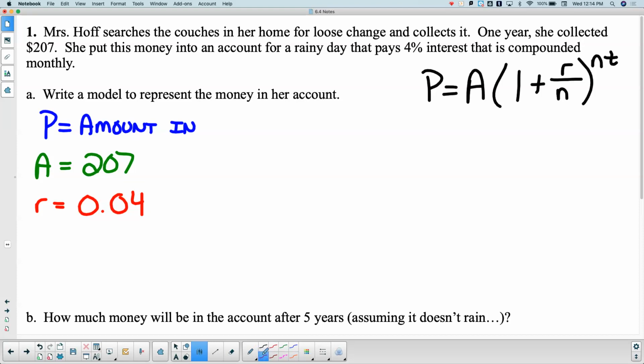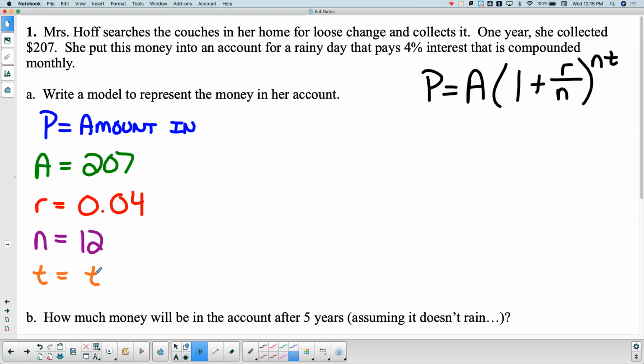N is going to be the number of times that it's compounded for the year. So if we're compounded monthly, N would be 12. And T is going to be the time, or the number of years. So that's just going to stay T. That one we can't change.